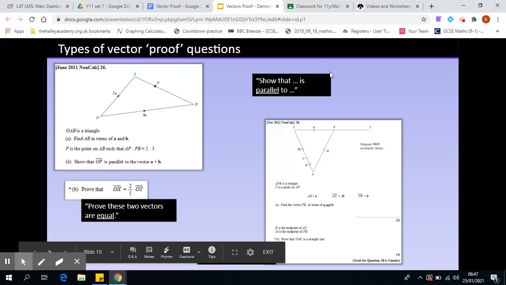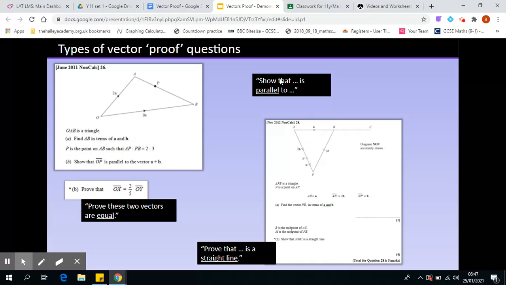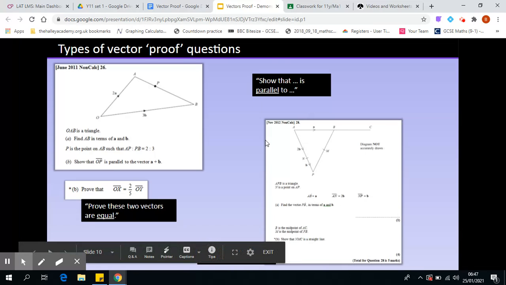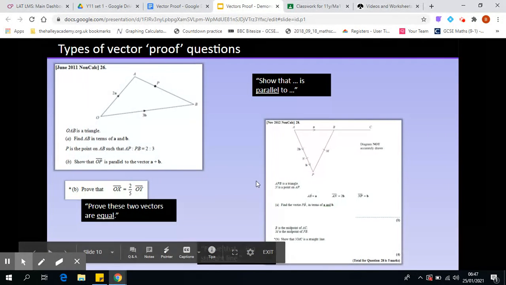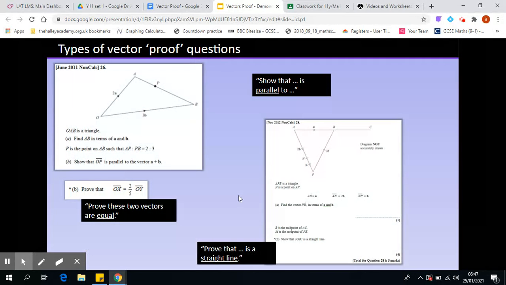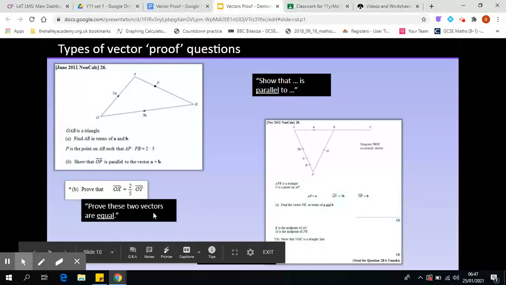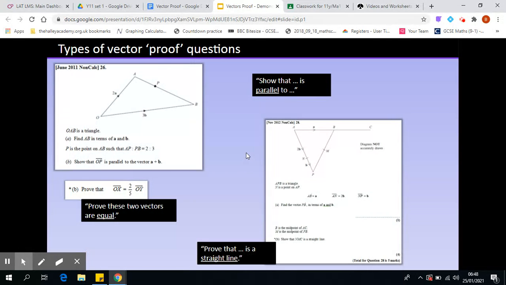The second type is showing that one vector is parallel to another vector. And the last one is proving that two vectors are on a straight line.